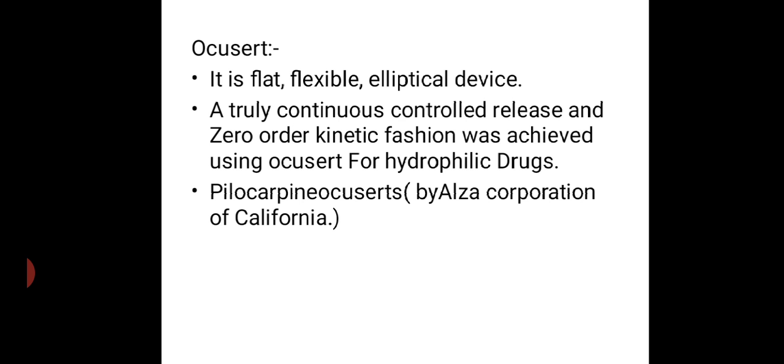The Ocusert is a flat, flexible, elliptical device. It releases the drug at a zero order rate, especially for hydrophilic drugs. An example of this Ocusert is the pilocarpine Ocusert, produced by the ALZA Corporation.